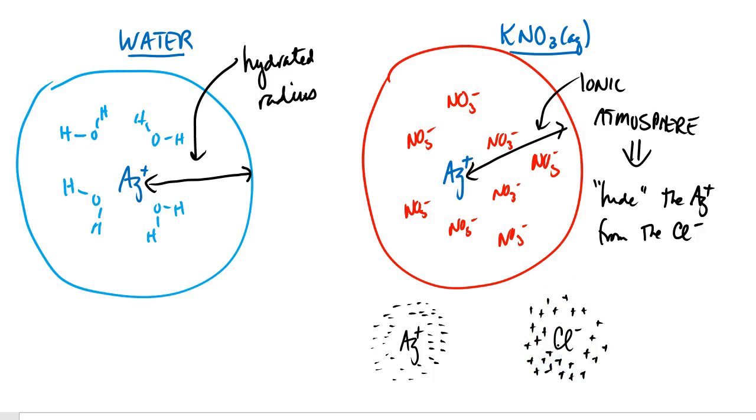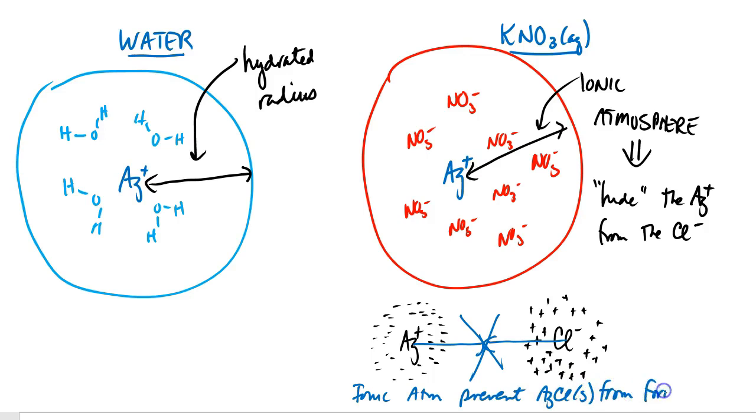And these ionic atmospheres prevent the silver and the chloride from coming together. So again, these ionic atmospheres that you get in KNO3 prevent the silver chloride precipitate from forming. And that's why the solubility of silver chloride increased in the presence of KNO3.